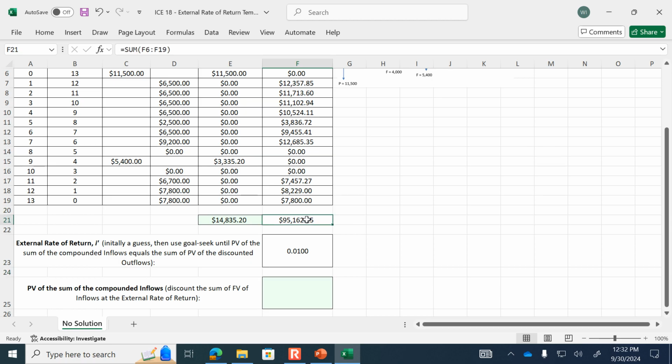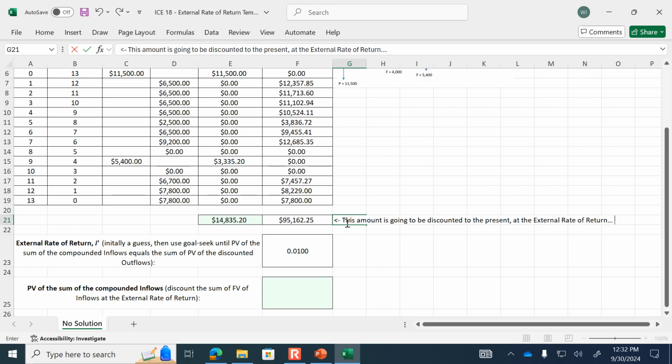what we're going to do is discount this 95,000. This amount is going to be discounted to the present at the external rate of return until the amount equals the known PV of outflows, which in our case is 14,835.20.